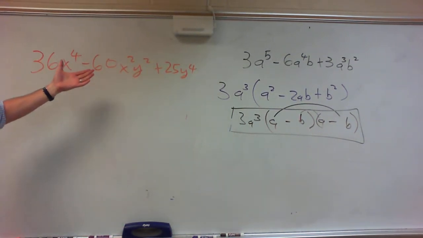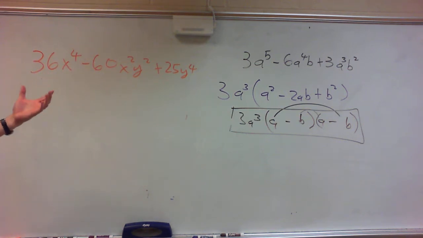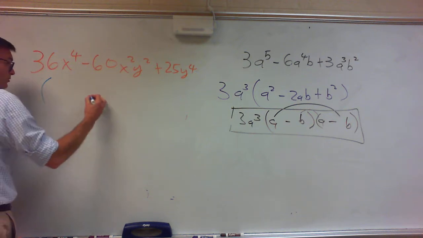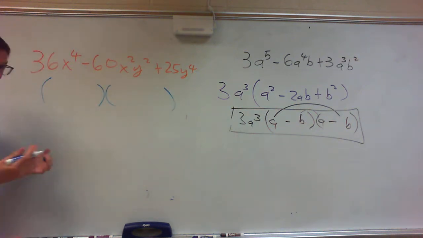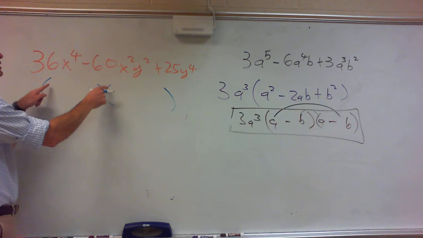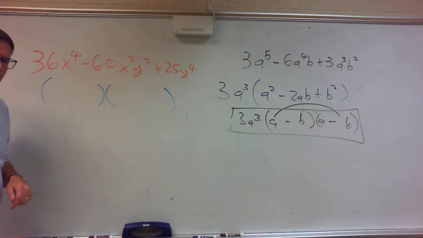This particular trinomial doesn't have anything in common. So, how do you factor something like this? Well, you put your two sets of parentheses, and you start asking. You've got to think what goes here so that this times this gives me 36x to the fourth.